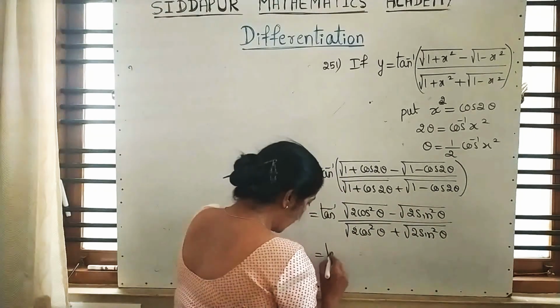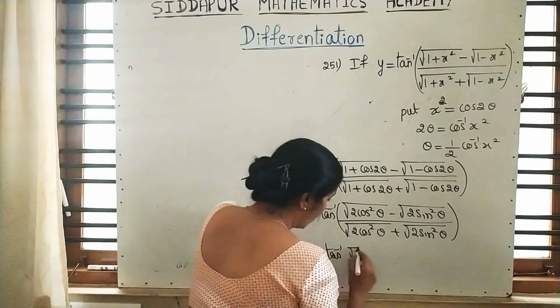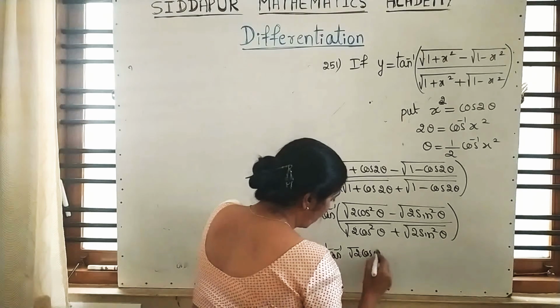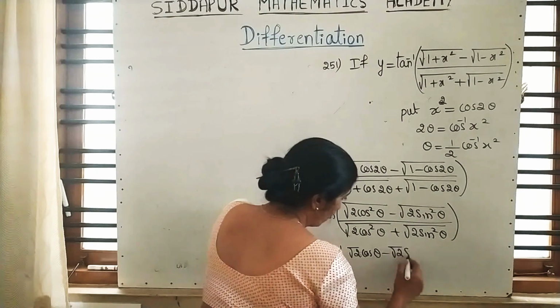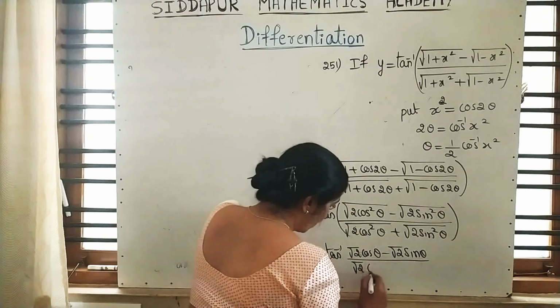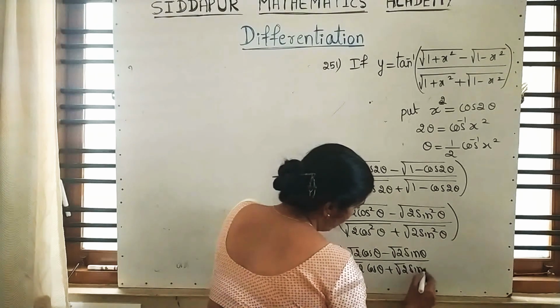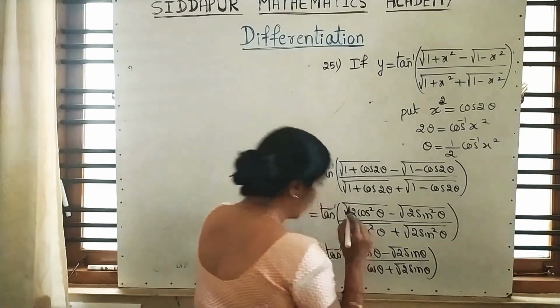And after simplification, root 2 cos theta minus root 2 sin theta upon root 2 cos theta plus root 2 sin theta will be remaining.